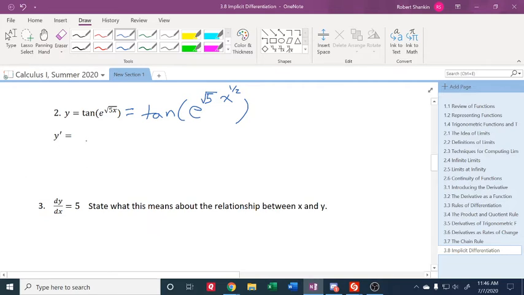All right, so now let's take the derivative. All I focus on is the outermost function. I think of this as the tangent of something.